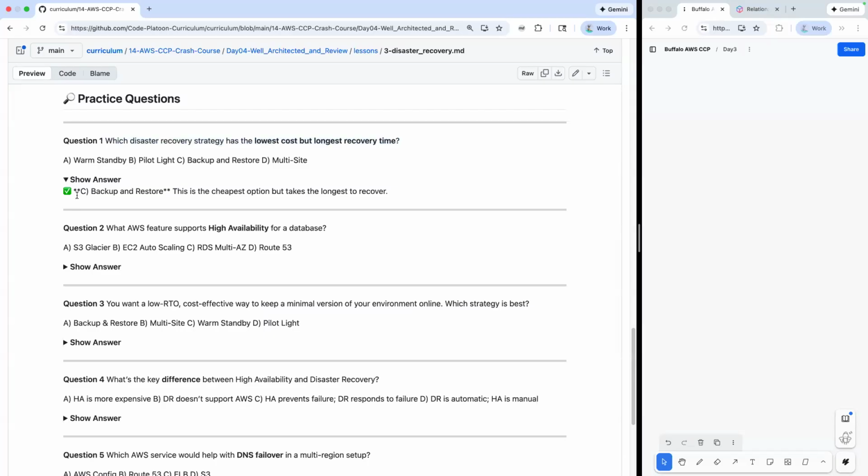And I apologize, guys. Normally I like to give us space, but I know we've had a long day. The answer here is backup and restore. So backup and restore is the cheapest option. It's the simplest. And again, think about just backing up my database to a file every month. It's cheap, it's simple, it's going to take the longest to recover, the longest to restore from.